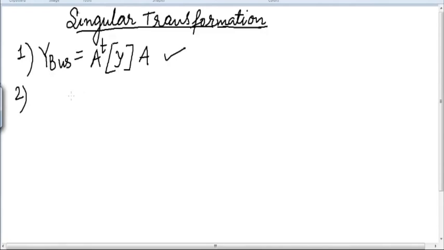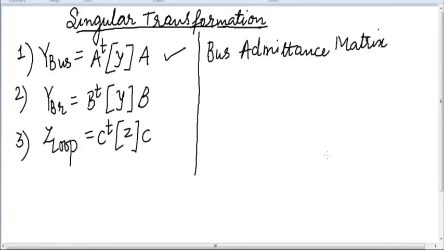So for YBus we have A transpose Y A. Similarly we have YBr, that is equal to B transpose Y B. The first matrix is the bus admittance matrix.